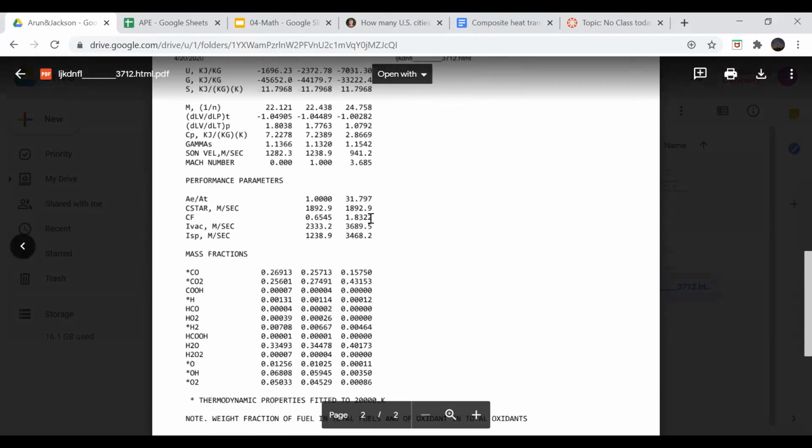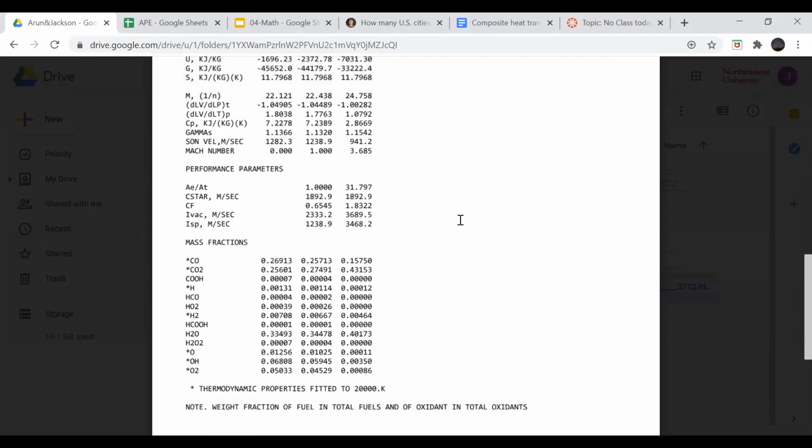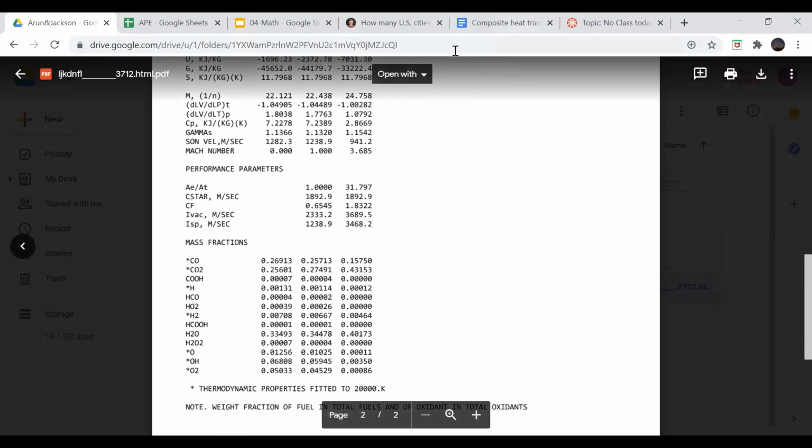That pretty much informs us how big we need to expand the nozzle. But anyway, this is literally just a ratio. So if exit area over throat area is 31.7, you just multiply that by your throat area and those cancel. And now you have your exit area. Simple as that.